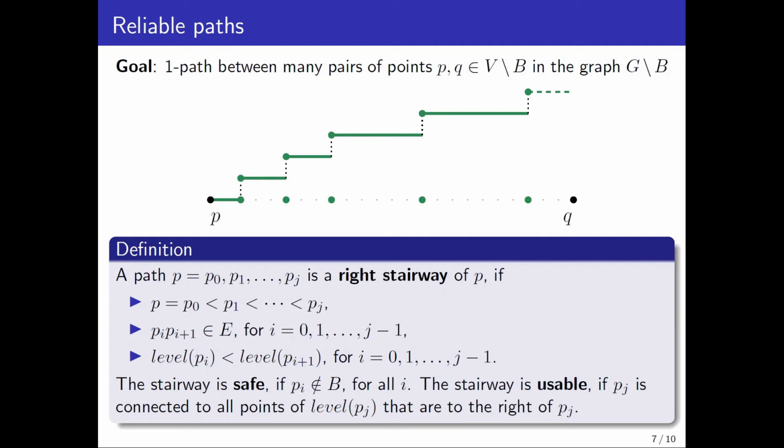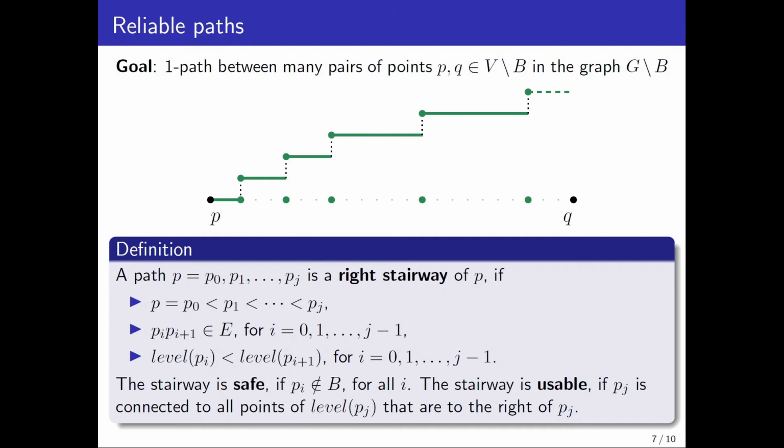So the next node along the path is always present in some higher level than the previous one. And this is what we call a right stairway of p. This stairway must be safe, which means that none of its points should be in the failed set, and we say that the stairway is usable if it's long enough, basically, so it reaches till the end of the graph. So the last vertex along this stairway is connected to all vertices that are to the right of it.